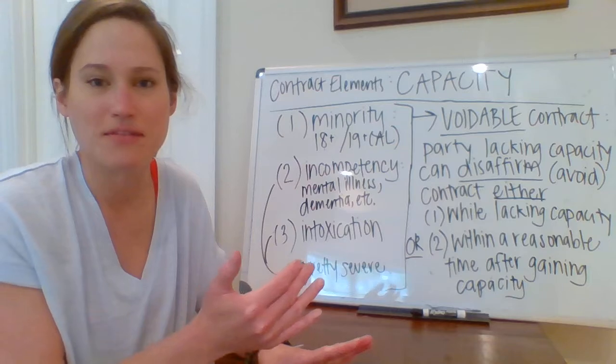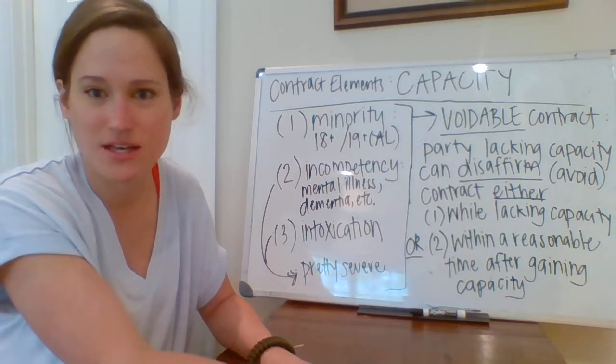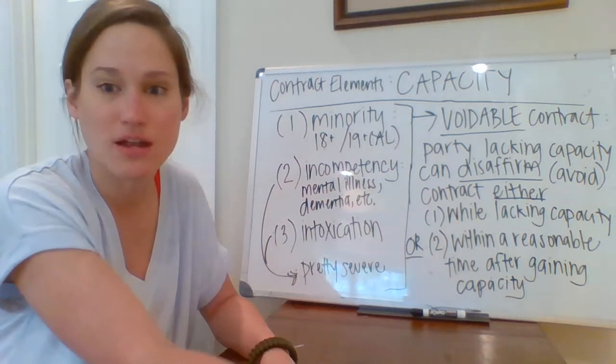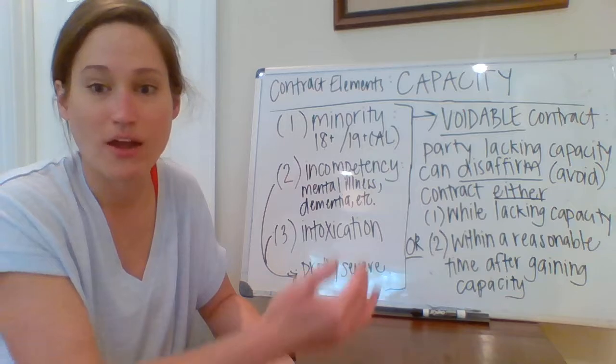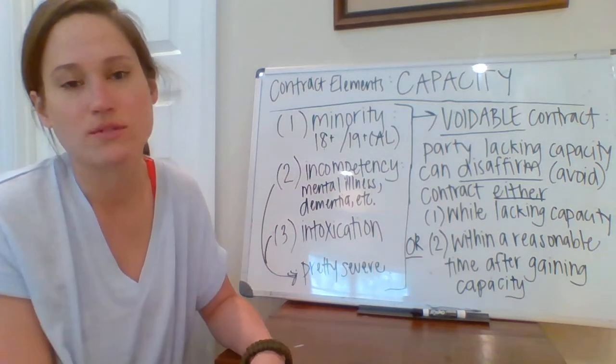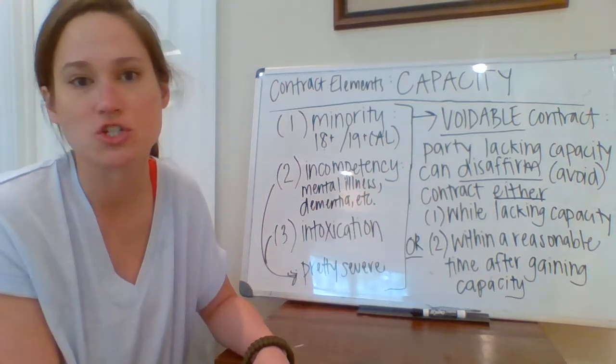Because in that example, I understand what duties are going to be required of me. I understand that I'm signing a contract. I understand what a contract is and what it does. So to get to the point where we would say there's a capacity problem, it's actually a very high standard that you need to show.